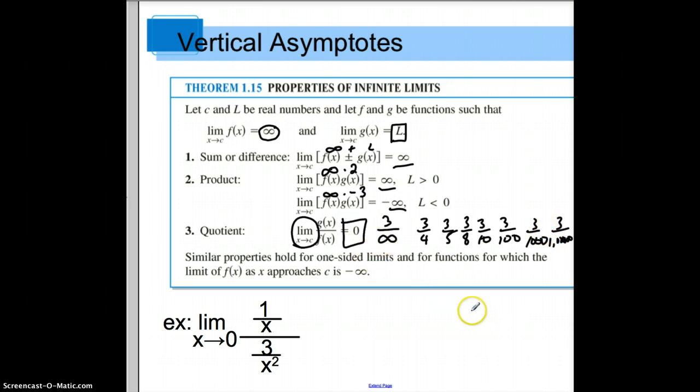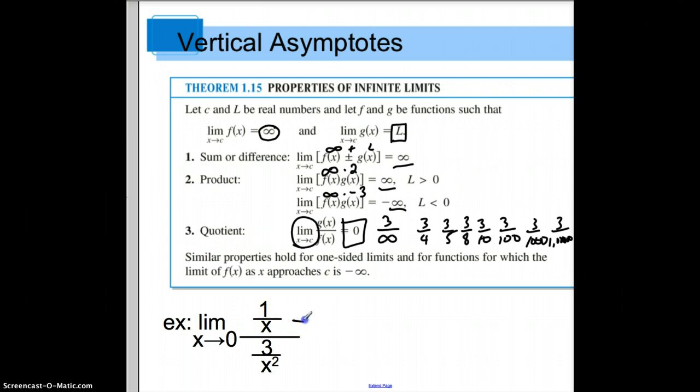So if you have a number divided by infinity and you're trying to find the limit of that, it's going to equal 0. Let me show you why. So let's talk about this. Limit as x approaches 0 of 1 over x divided by 3 over x squared. If you do direct substitution, you get 1 over 0, which is undefined, which sometimes approaches infinity.